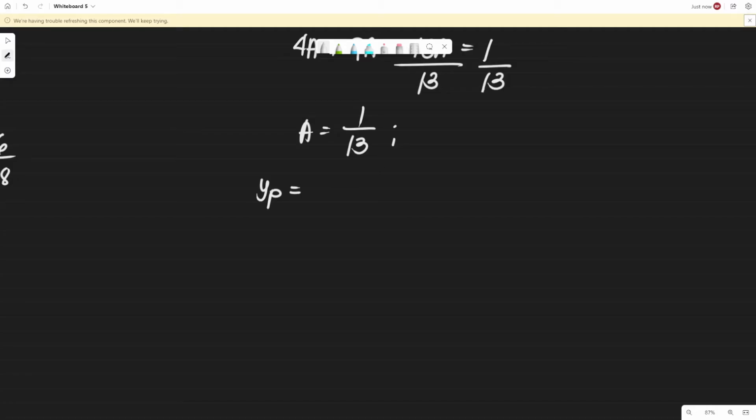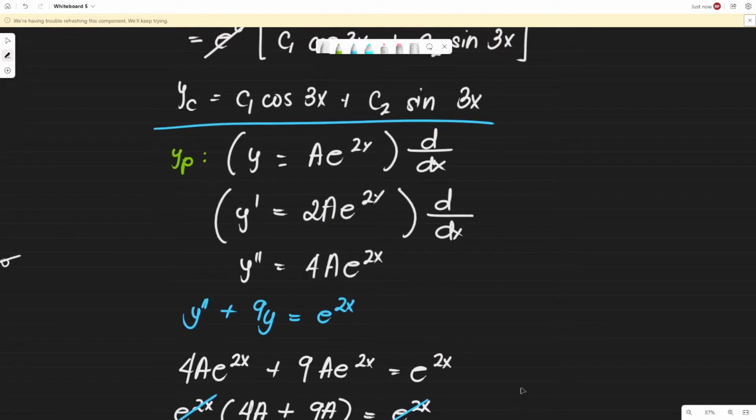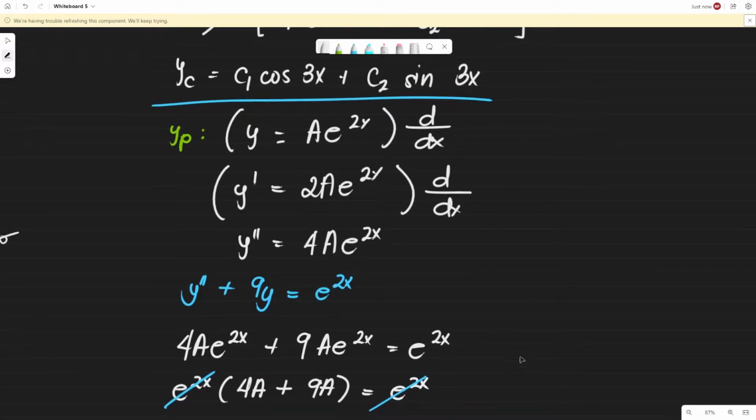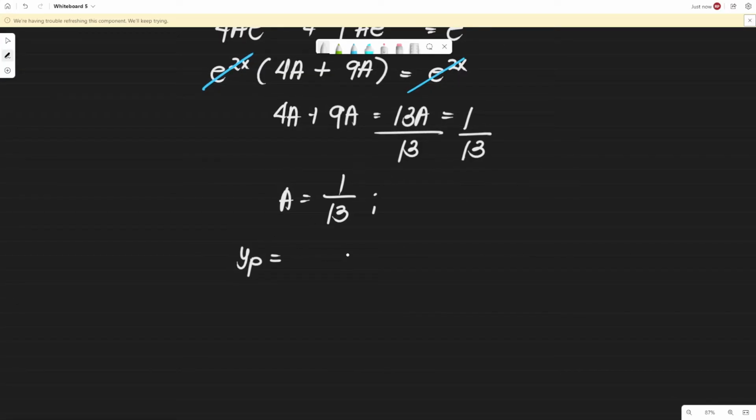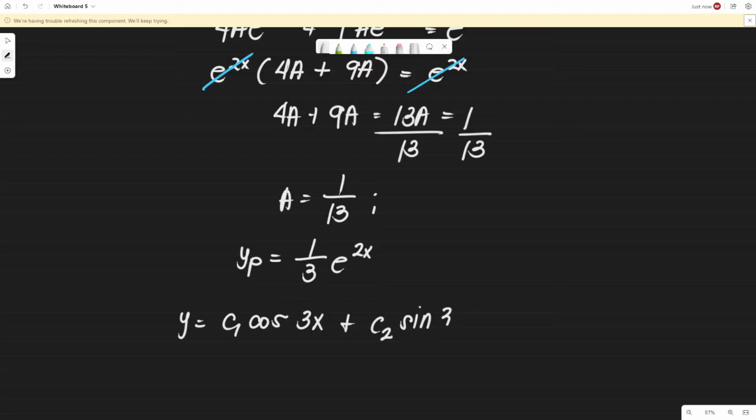So yp is equivalent to 1/13 e raised to 2x. Now add this to the yc we got earlier: C1 cosine 3x plus C2 sine 3x, plus 1/13 e raised to 2x.